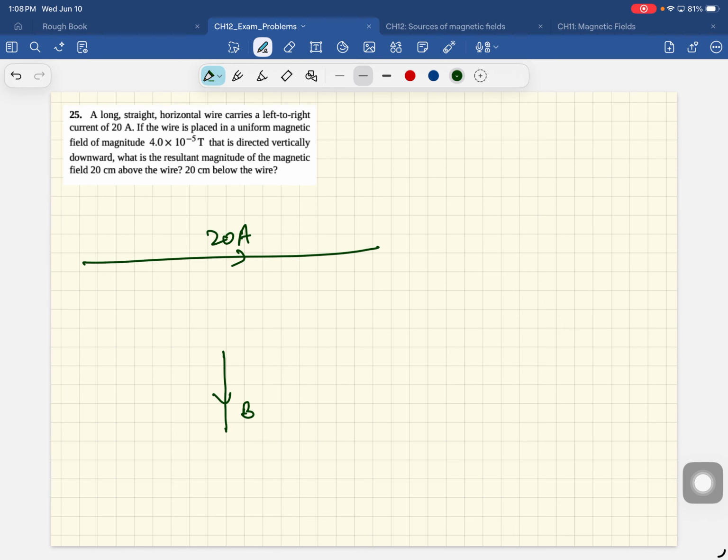If you want, you can calculate the angle theta. Theta is tan inverse of 4 over 20.